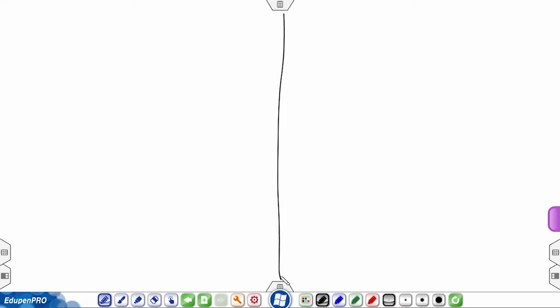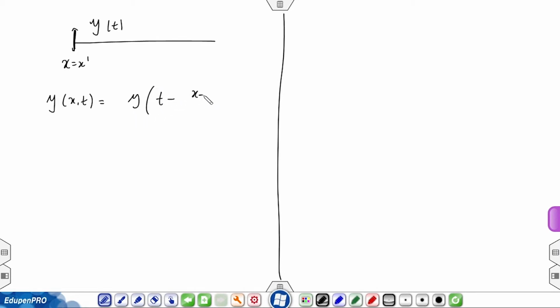So, what we have considered is this string which is being shaken up and down at x equals x prime with y(t), then the solution y(x,t) is equal to y of t minus x prime over v.